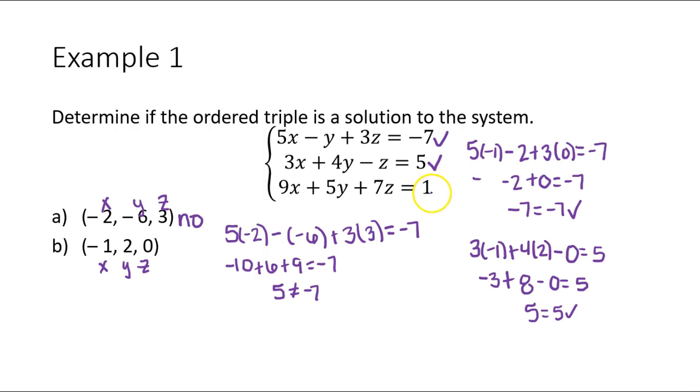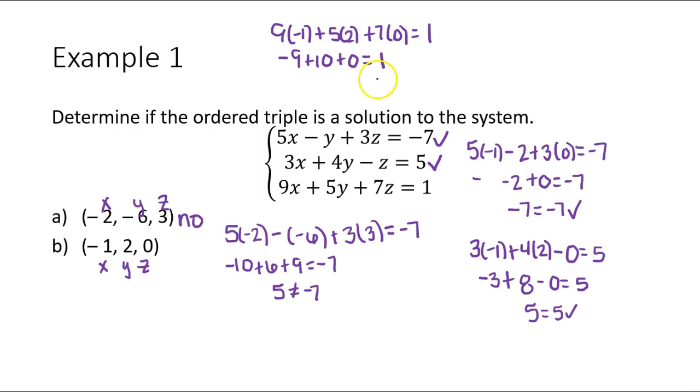So we try equation 3. 9 times -1 plus 5 times 2 plus 7 times 0 is equal to +1. 9 times -1 is -9. 5 times 2 gives us +10. 7 times 0 gives us 0.